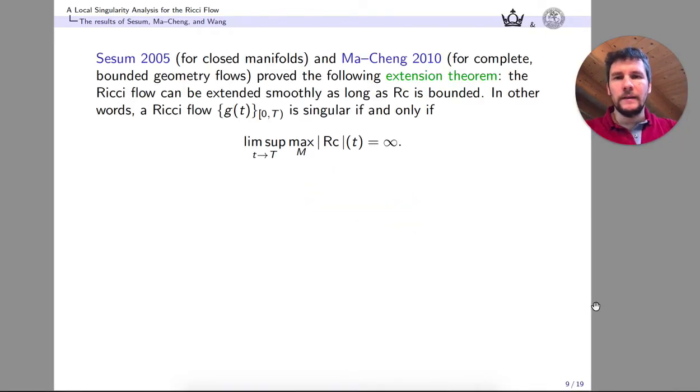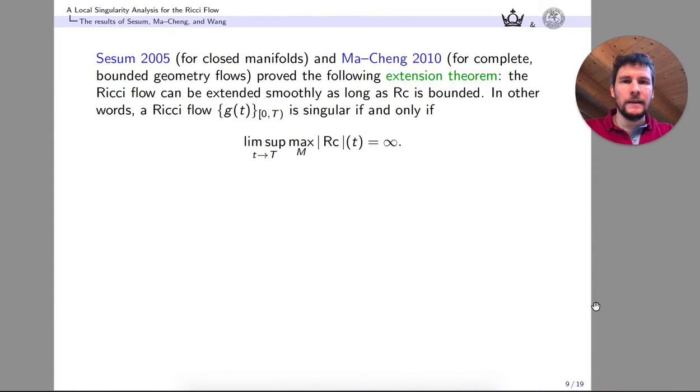Okay, let's now look at these two results that we want to generalize. So as I said, one is a result of Natasha Sesum. Natasha Sesum proved for closed manifolds the following extension theorem. She showed that if one has a Ricci flow along which the Ricci curvature stays bounded, then we can always extend the Ricci flow. So we cannot have a singularity if the Ricci curvature stays bounded, or in other words, if we do have a singularity, then the maximum of the Ricci has to blow up towards this singular time.